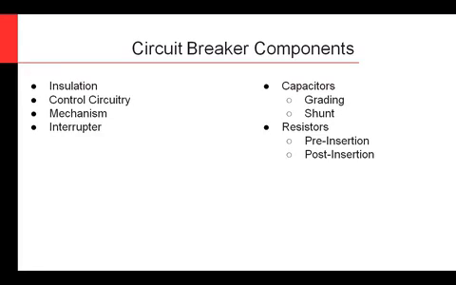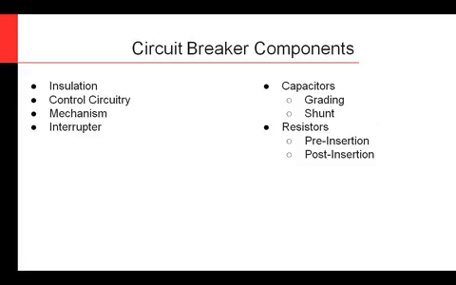So now that we've looked at the different types of circuit breakers out there, we'll talk about some of their components. What we'll see here is they'll all have some kind of insulation. They need control circuitry. As I said, these need to be told when to interrupt, when to close, when to open. They're going to have some kind of mechanism that drives the interrupter.